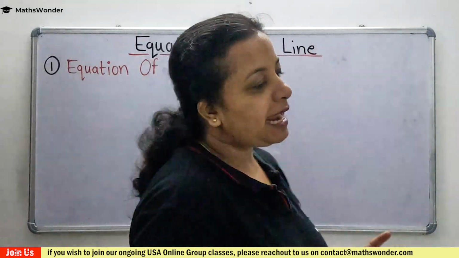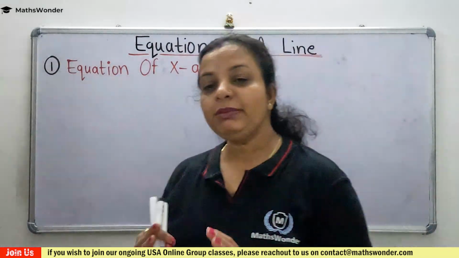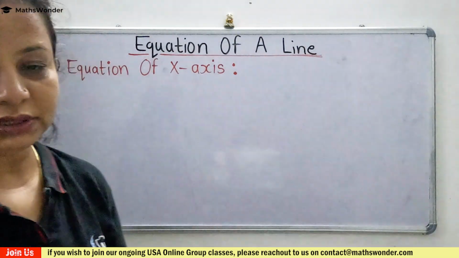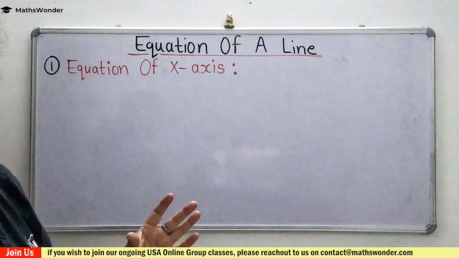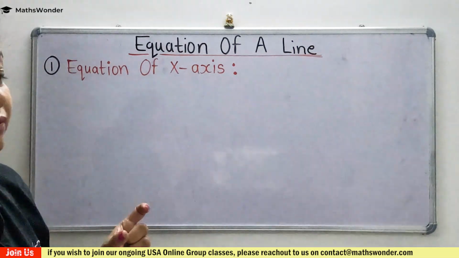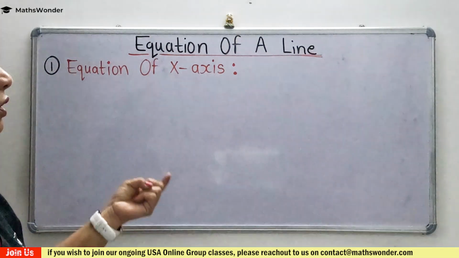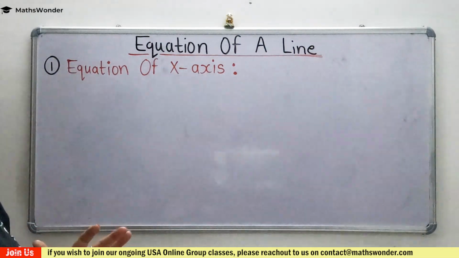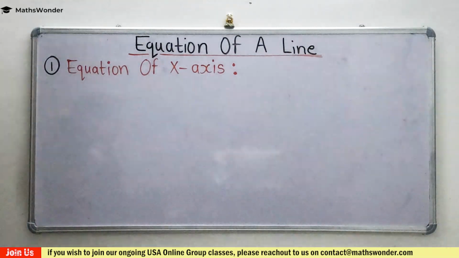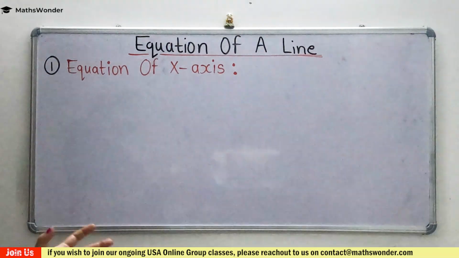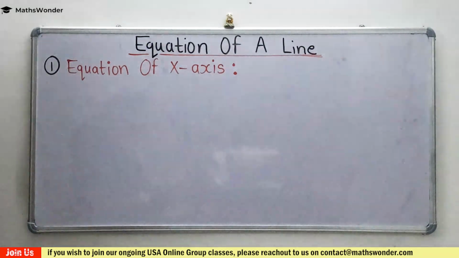Means if you take any x and y value on the line, it will satisfy the equation. If it is not satisfied, then it is not a point of that line. We will discuss later how we will find the coordinates. Here we will discuss the equations of the x-axis, y-axis and other categories.